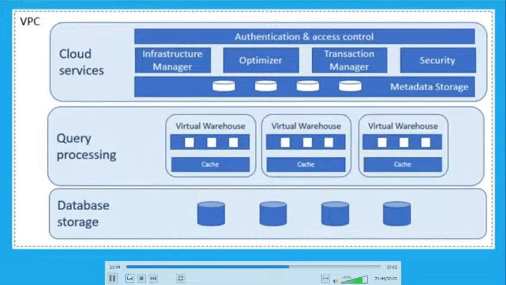If you are clear on this, next I will go into the next points in the query processing layer. In the query processing layer, the virtual warehouse is the hardware component which processes the request. In your traditional database or data warehouse, you have CPUs, memory, and everything, and this is also a virtual warehouse.